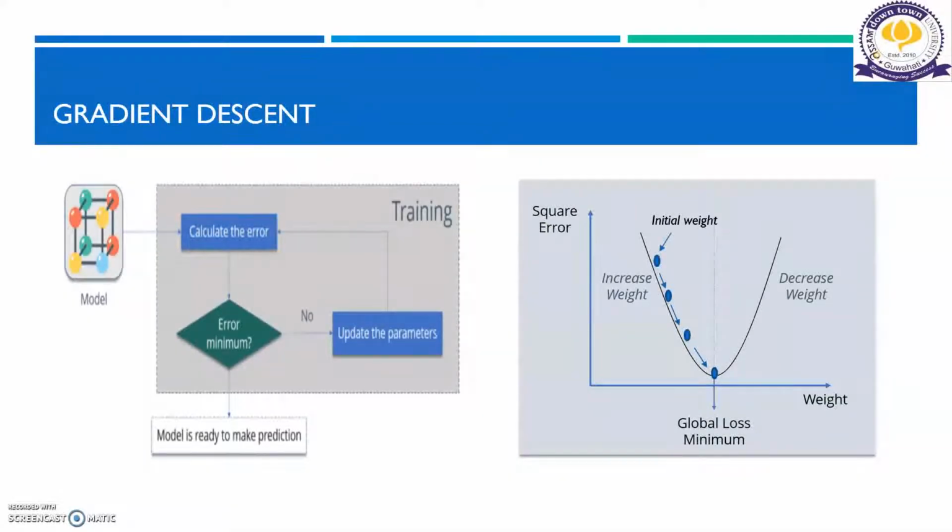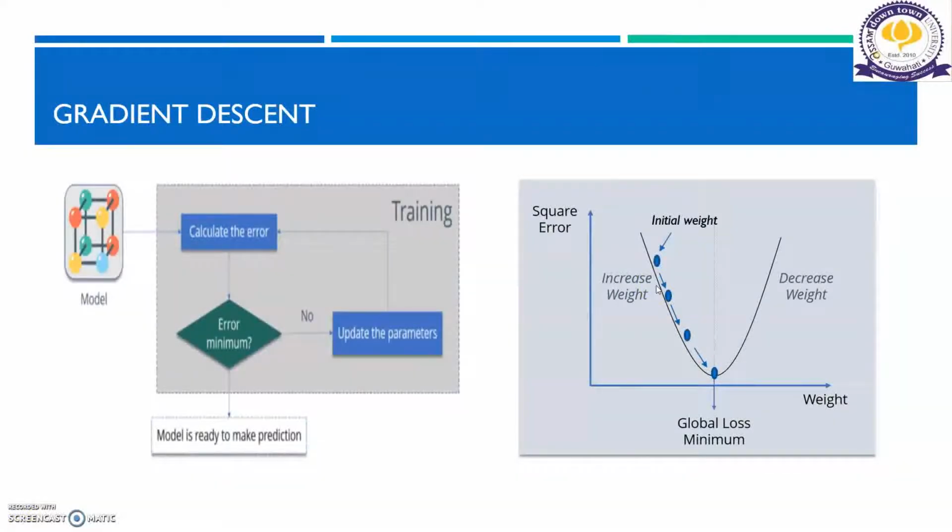If not, it will either increase or decrease the weight in small steps. It is a first-order optimization algorithm. This means it only takes into account the first derivative when performing the updates on the parameters.